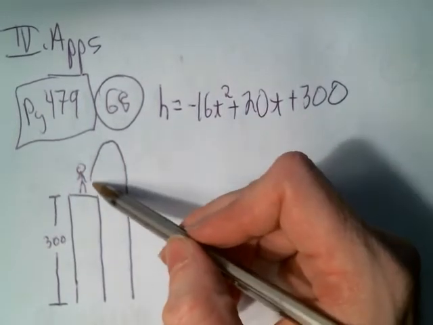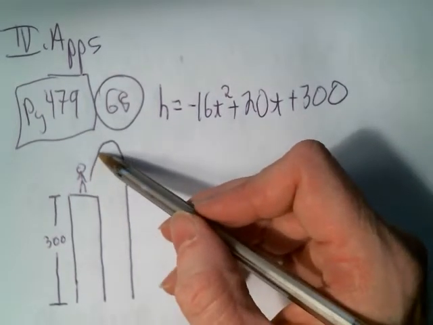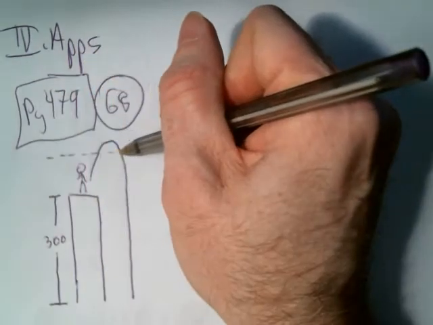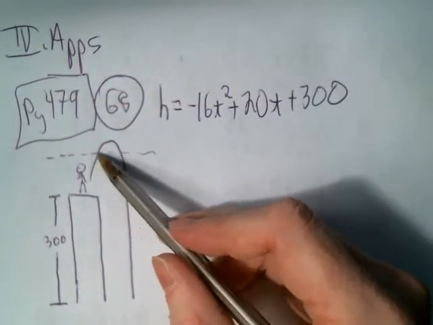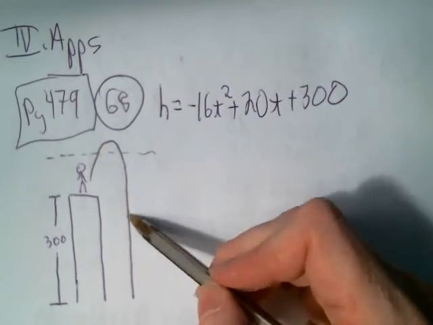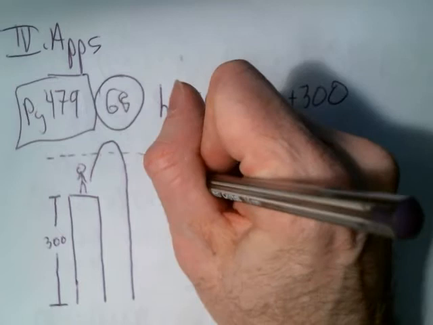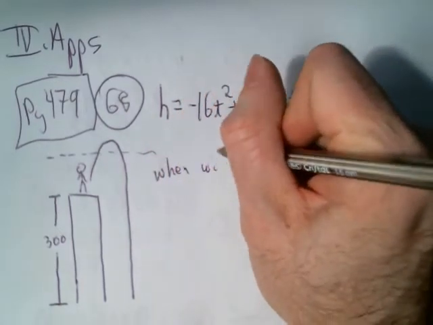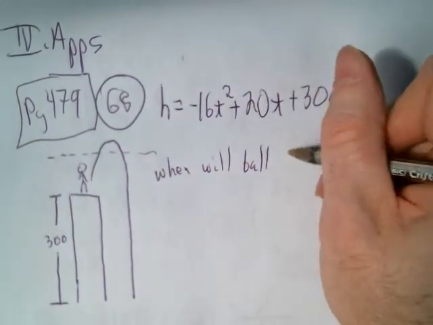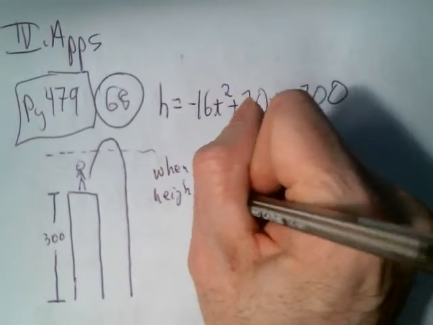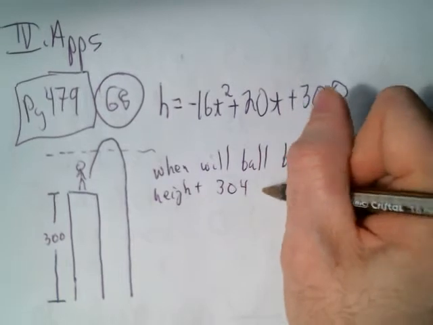It's going to probably be at 304 feet twice, so we want to figure out both of those answers. When will the ball be at height 304 feet?